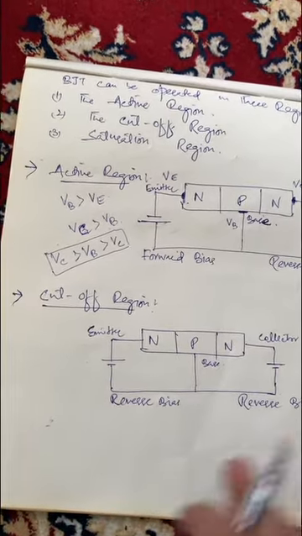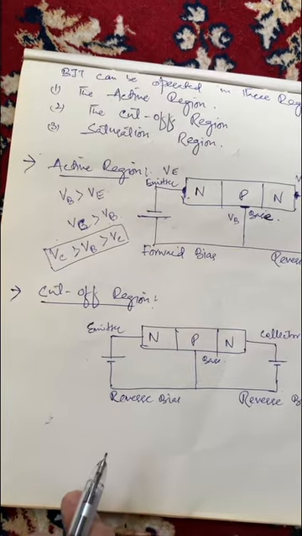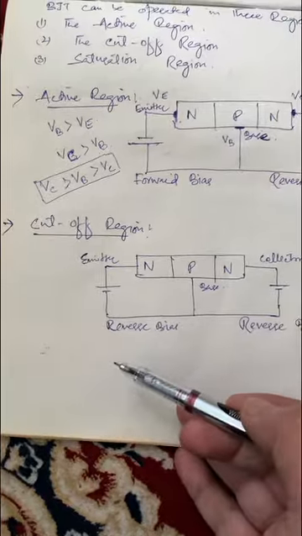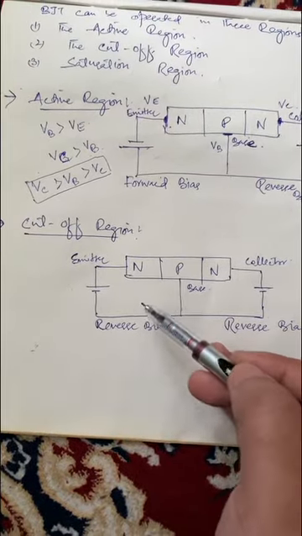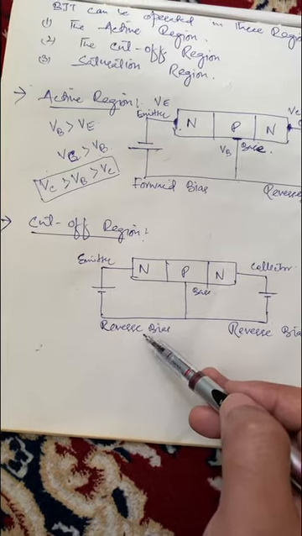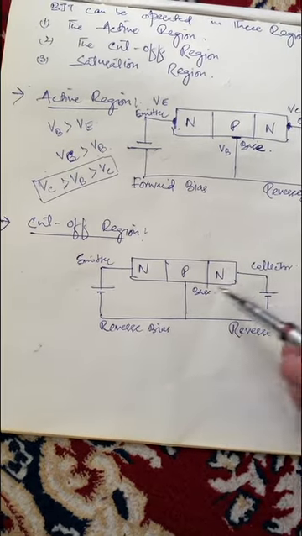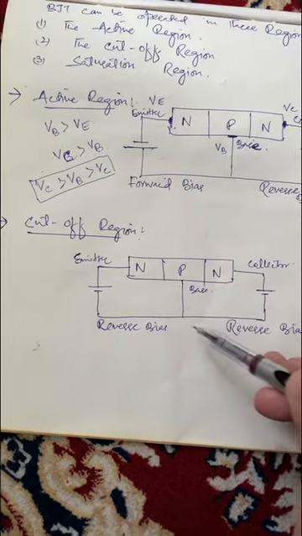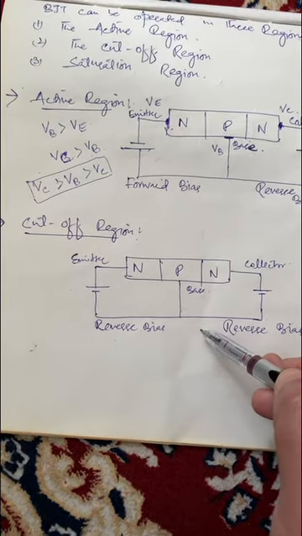Similarly, in the cutoff region, both the base emitter region and the collector base region are reverse biased.